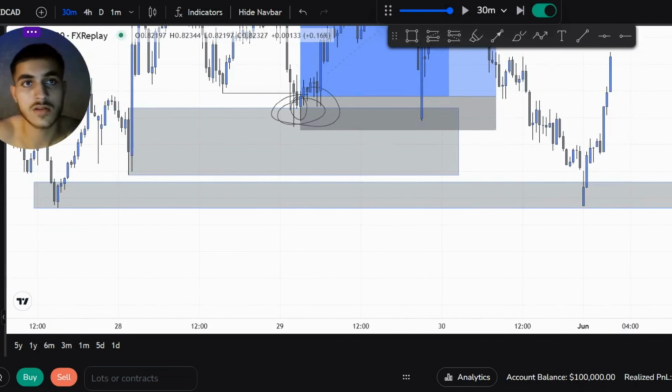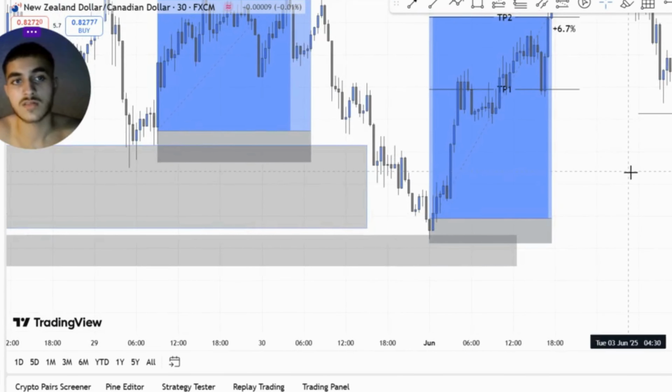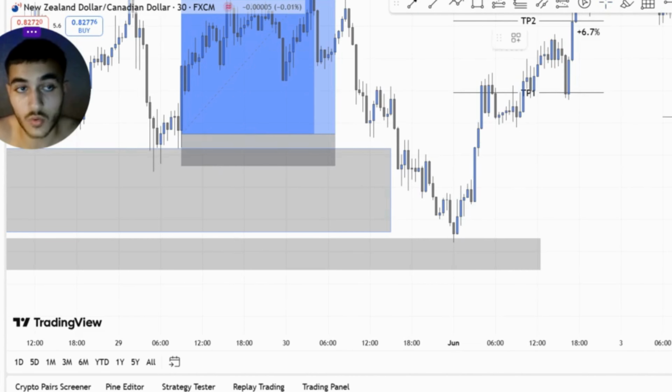Why this? In the TradingView this looks like this, so I will show you in the TradingView. Let me remove this. Okay, what we have here, we have the good reaction, excellent reaction.